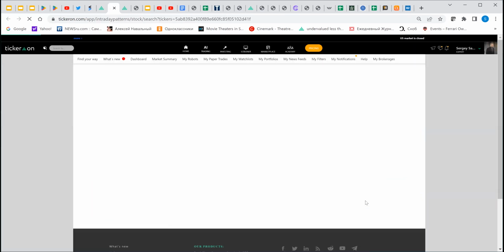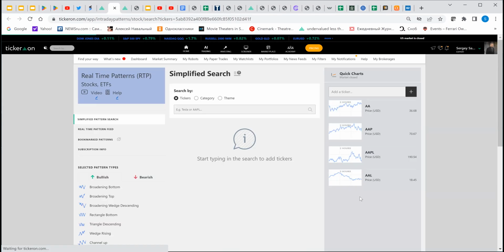So that means imagine the market is open, I have this selected out of the screener, and now this list is being transferred. You see, remember I showed you in the simplified search. Right now, all these 80 stocks are being analyzed for the patterns, okay?